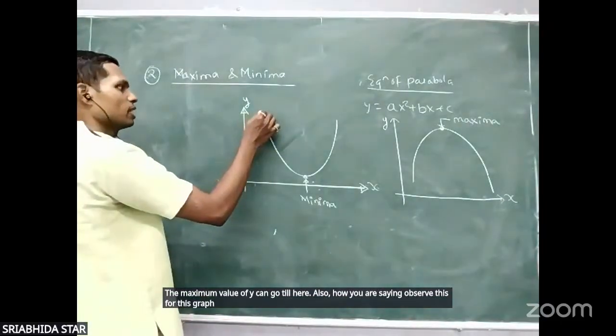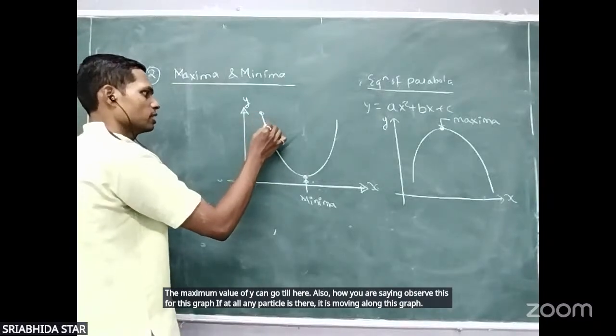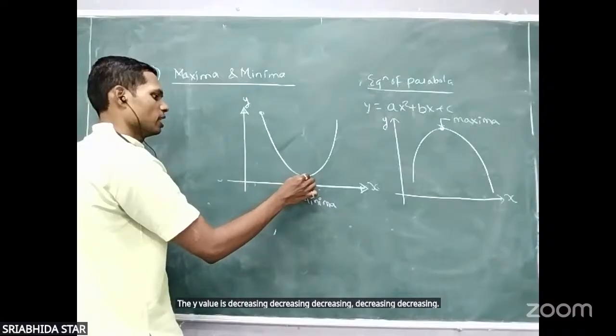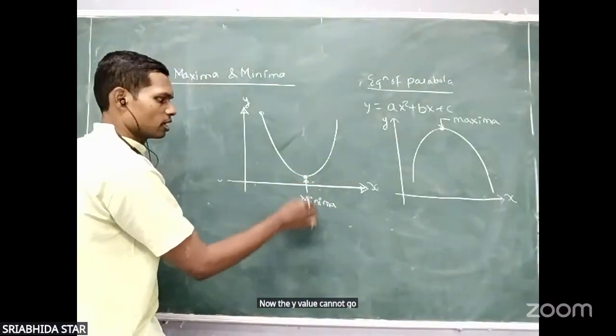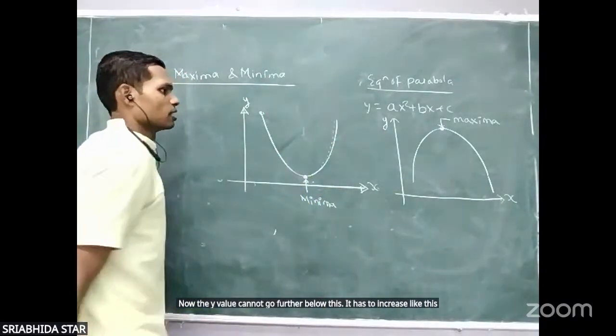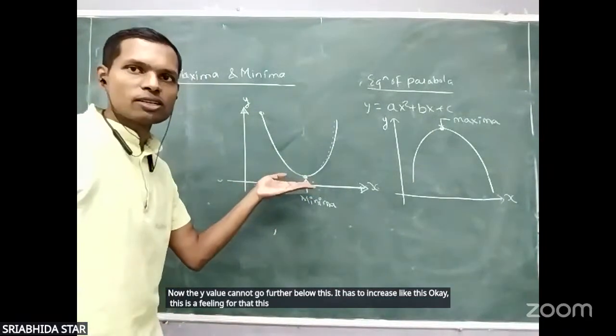If any particle is moving along this graph, the y value is decreasing, decreasing, and becomes minimum. Now the y value cannot go further below this. It has to increase like this. So this is the minima of the graph.